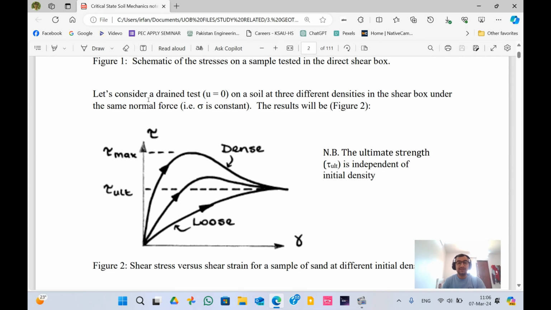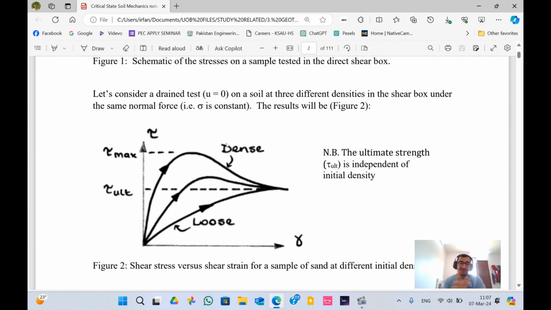So let's consider a drained test in which pore water pressure is concerned. If you are allowing the water to seep out of the soil, there isn't any pressure put forward by the water, because obviously the water is being drained.